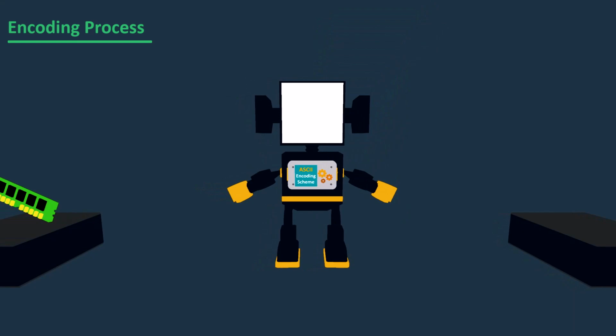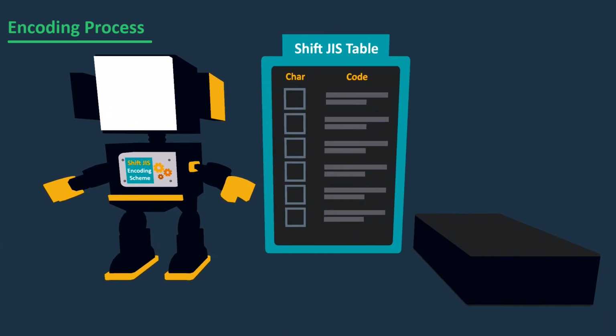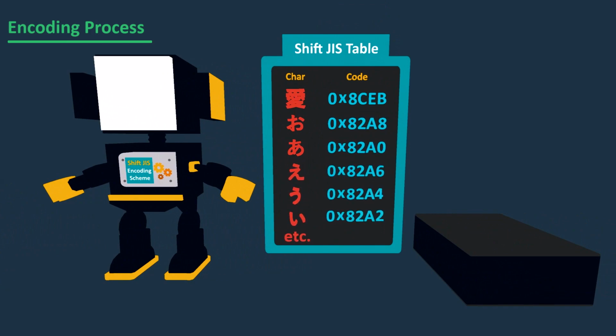In order to properly support Japanese characters on this system, we should consider using an alternative encoding scheme such as ShiftJIS. Now, the Japanese characters are recognizable for System B.